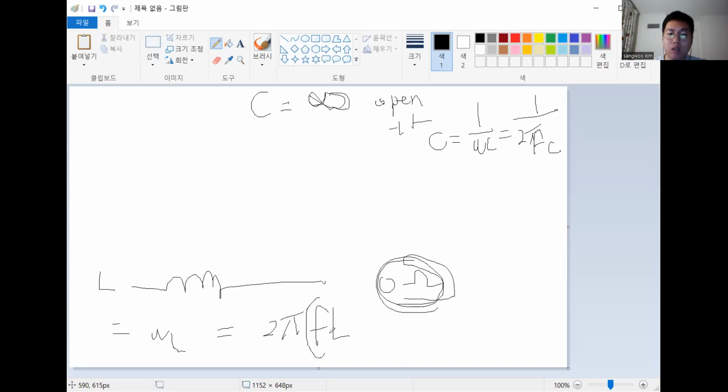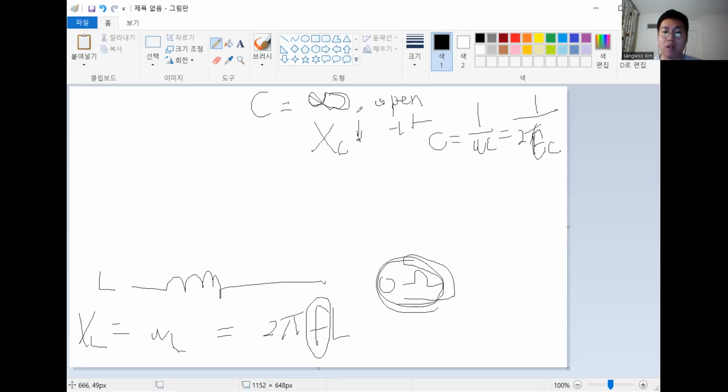So we need to look at the frequency here. It's proportional. XL is, if the frequency goes up, XL goes up, right? But instead, if the frequency goes up, XC goes down.